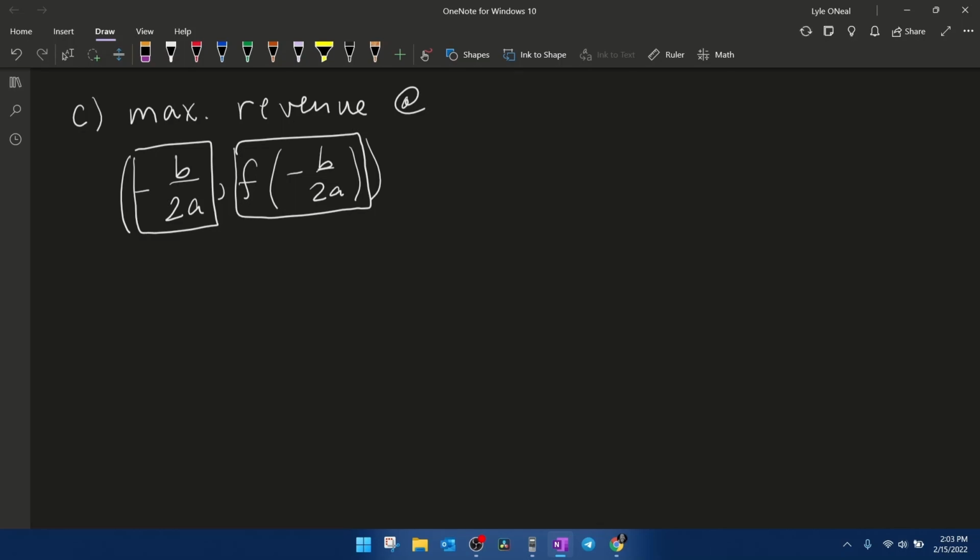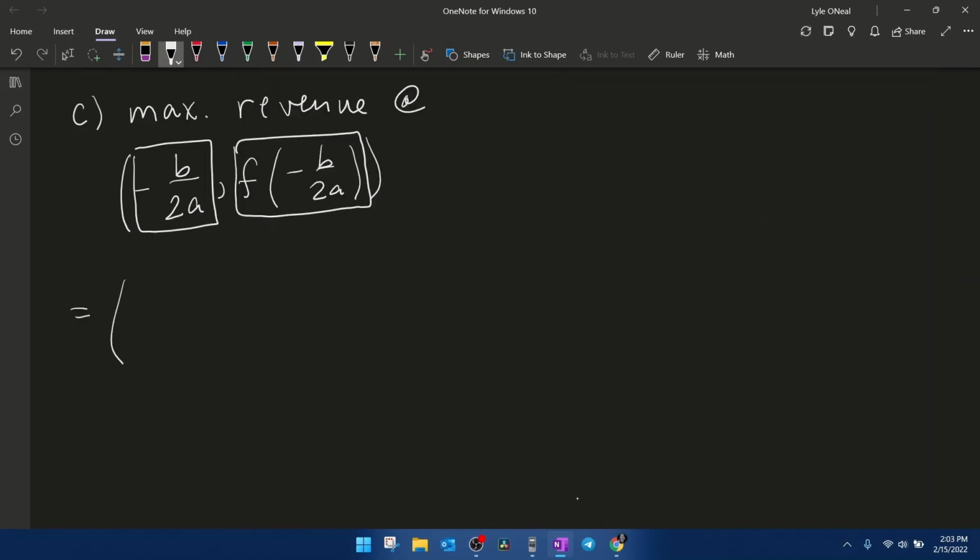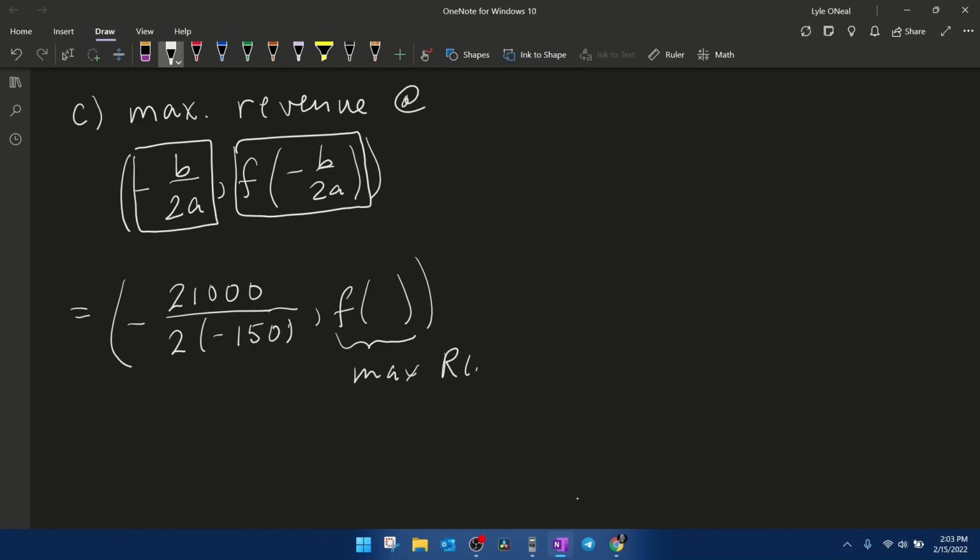It'll give the dollar amount that we're going to make depending on what we set the price at. And so now all we need to do to answer part C is plug and play. So we know A is negative 150, B is 21,000, so that's going to give us negative 21,000 divided by 2 times negative 150, and then f of whatever we get, that will give the maximum revenue.